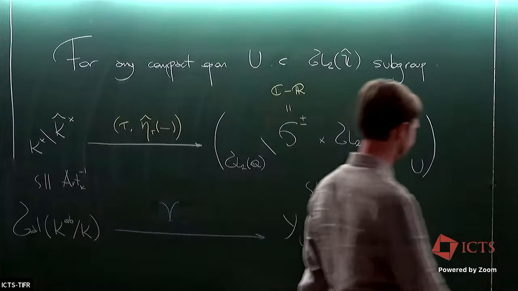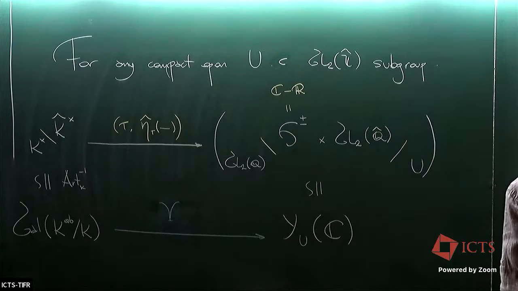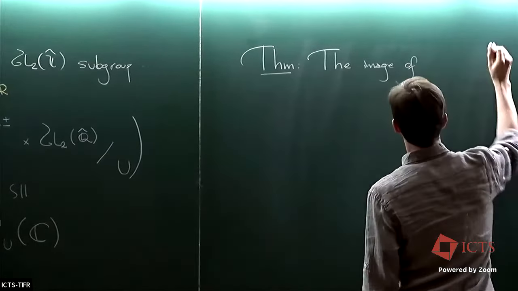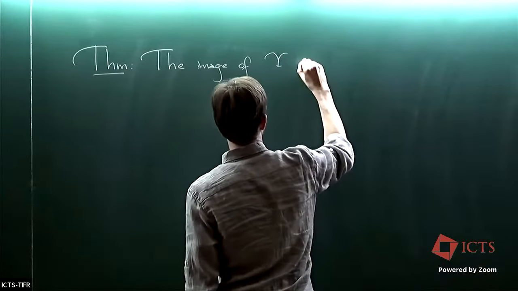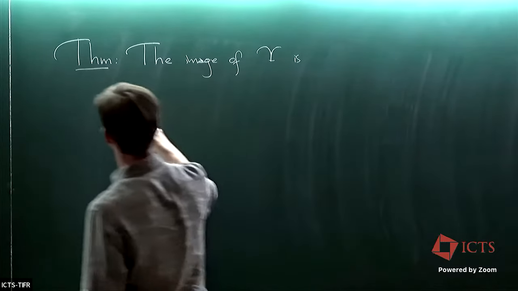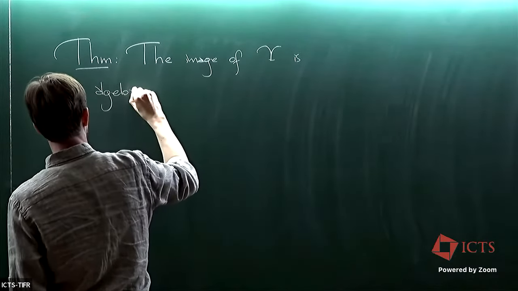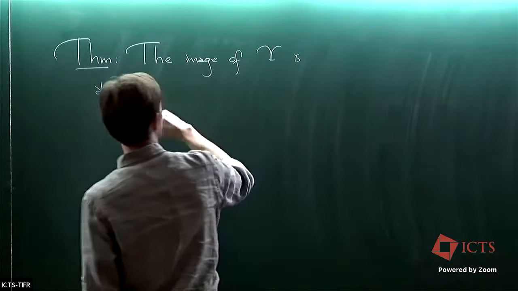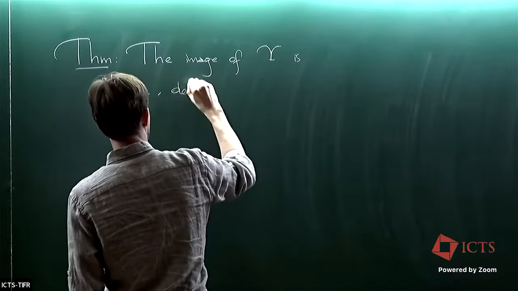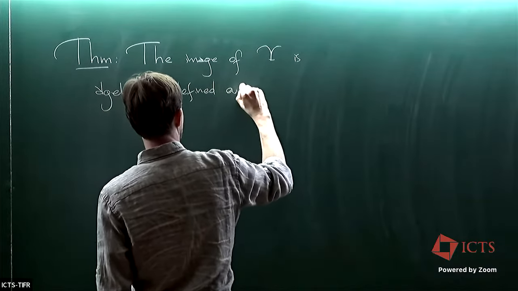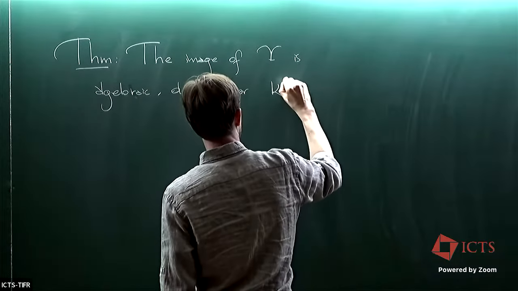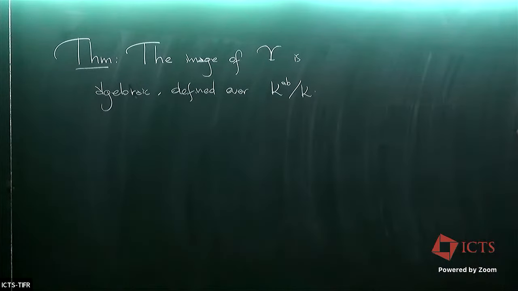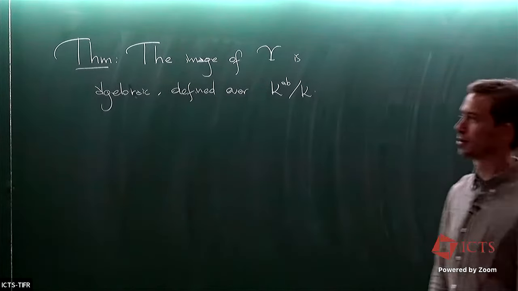So this map epsilon is always algebraic with respect to the canonical model and defined over the maximal abelian extension over K. And, wouldn't you know it, it's Galois equivariant.